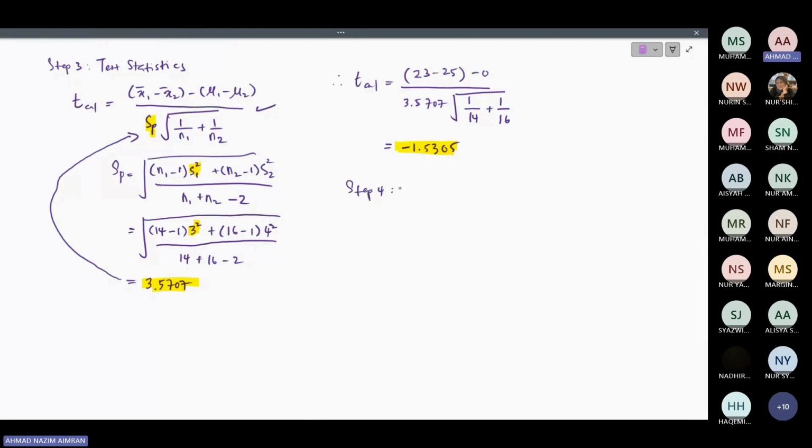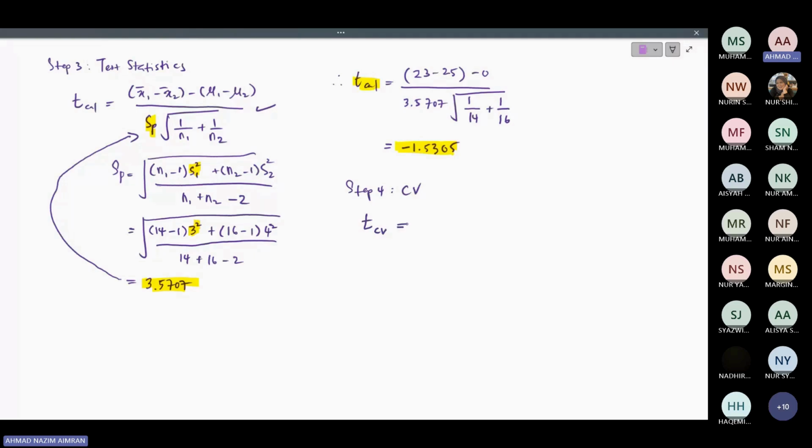Step 4 is not the decision rule yet. It is the critical value. So now we have calculated the T. You need to find the T critical value.